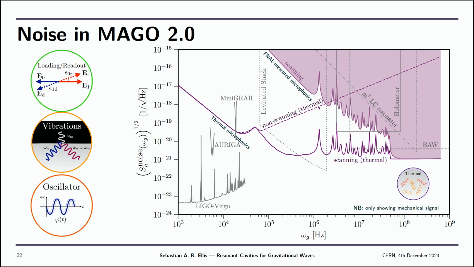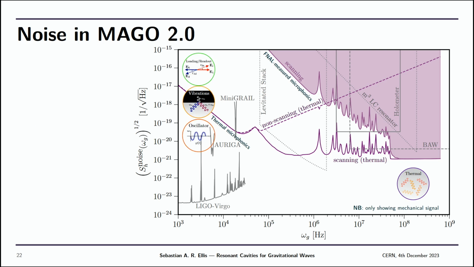And then vibrations. So vibrations are both a signal, but also a noise. So if someone is stomping around in the lab outside of this cavity, it's going to induce small vibrations in the walls. And you can see that unless I'm in the thermal limit, this is going to be a bit of a problem. So those live at the lower end of the frequency ranges shown here.